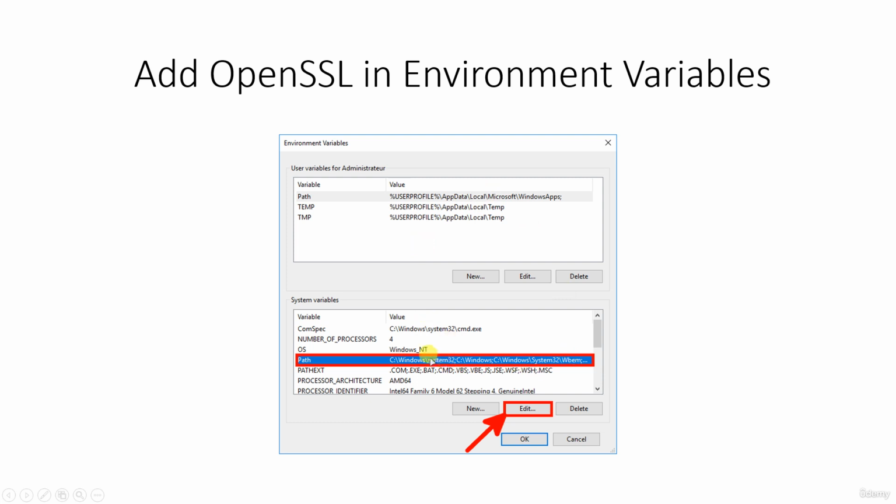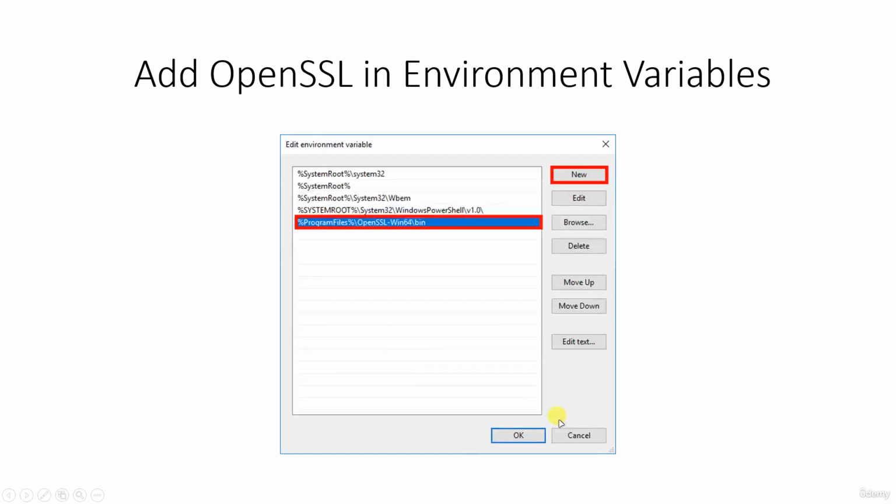If you don't find it here, it may be at the bottom or top, so make sure you check the Path variable. Select Path first, otherwise you cannot edit, then click Edit.